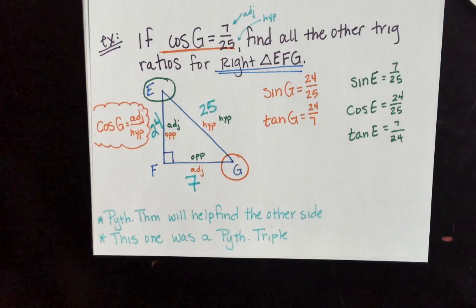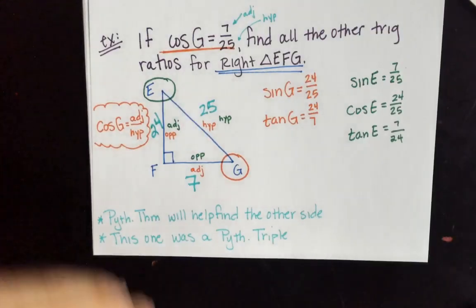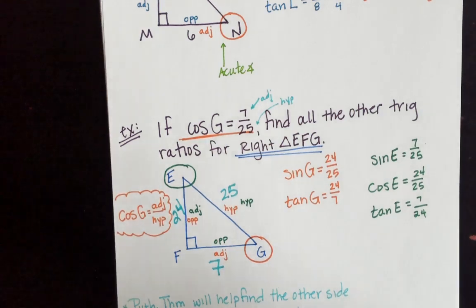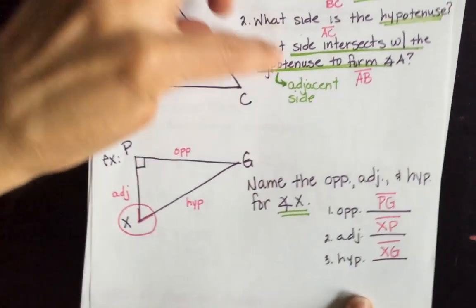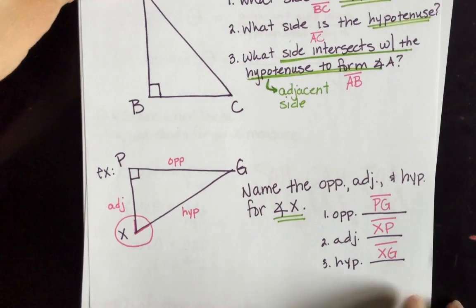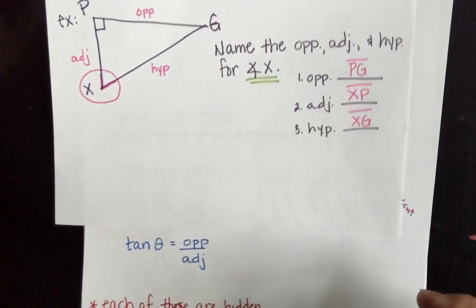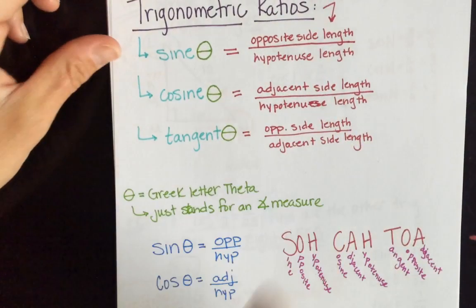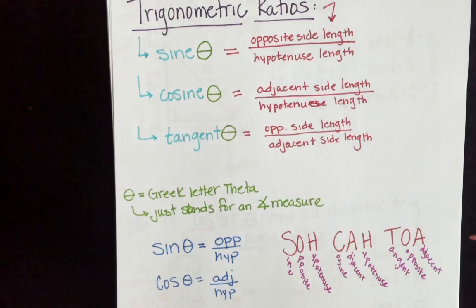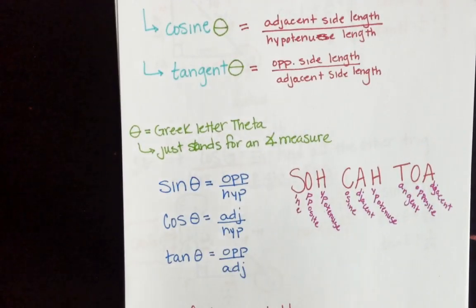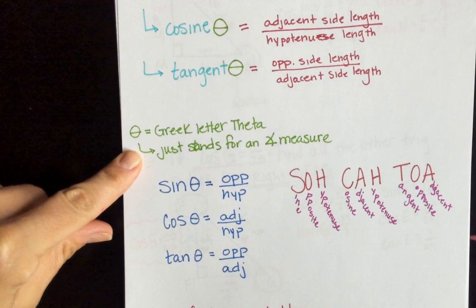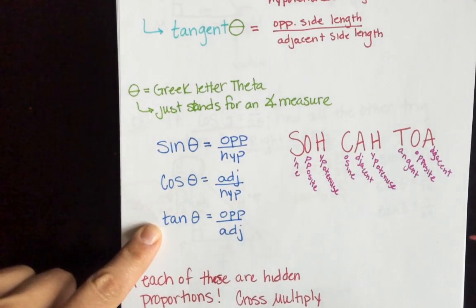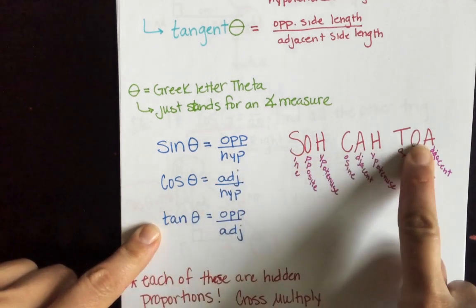Okay, let's review real quick before we do one more example and we're done for the day. We talked about how to identify opposite, adjacent, and hypotenuse. We talked about the definitions for our ratios. We introduced theta as our Greek letter that might show up for our angle measure. We showed our abbreviations and our mnemonic device.